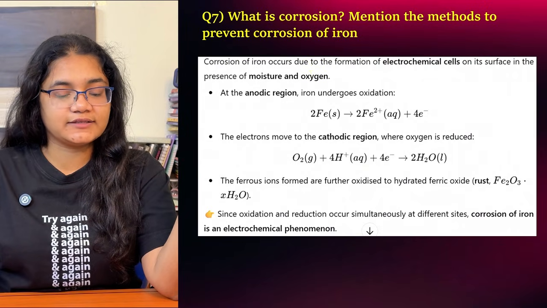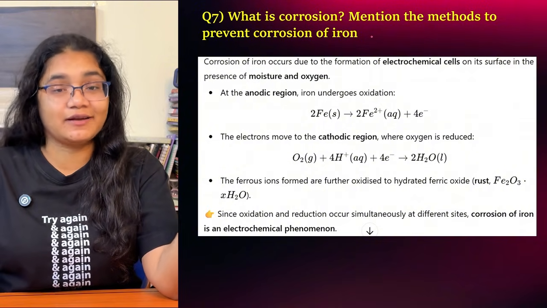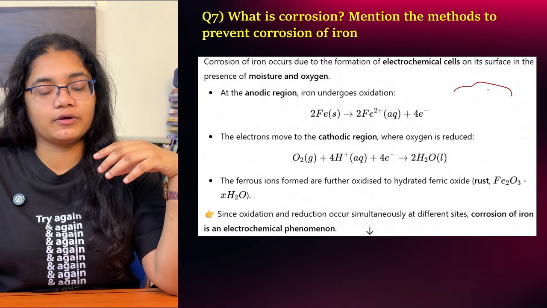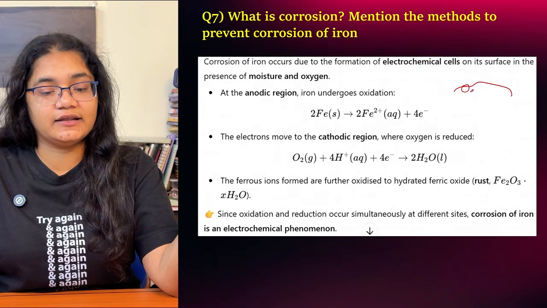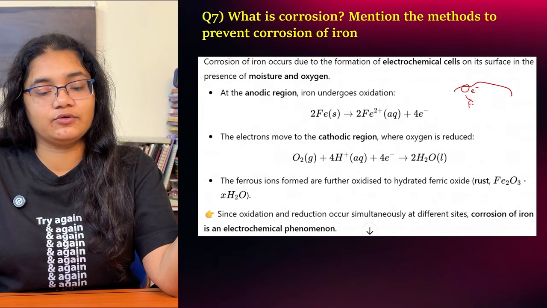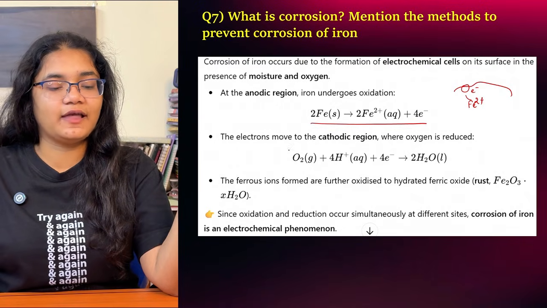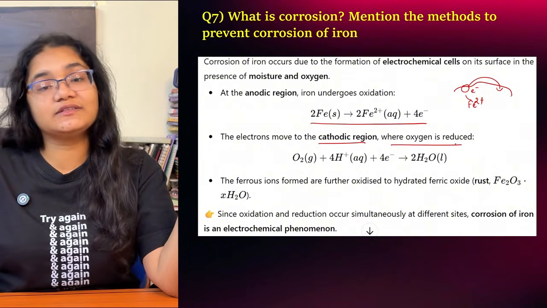So first of all, corrosion is an electrochemical phenomenon. If it is asked to explain with rusting, you can easily explain that rusting, what happens, suppose this is a rod, okay, from here Fe undergoes oxidation and leaves the electrons and moves as Fe2+, right? So that is the first thing that happens at the oxidation or at the anode. The electrons move, now these electrons move to a different area where oxygen is reduced.